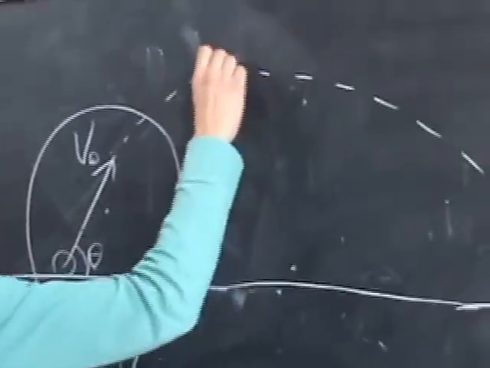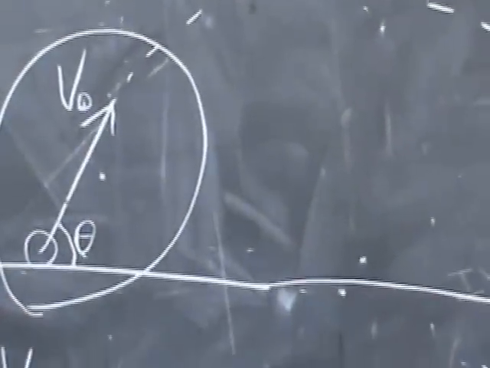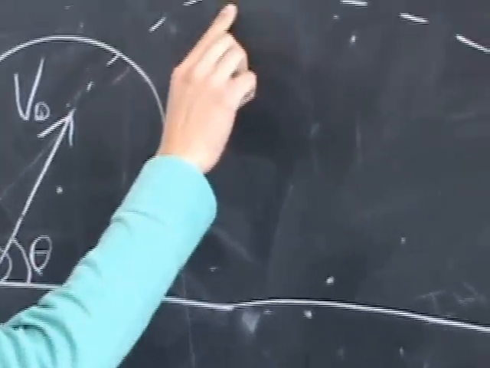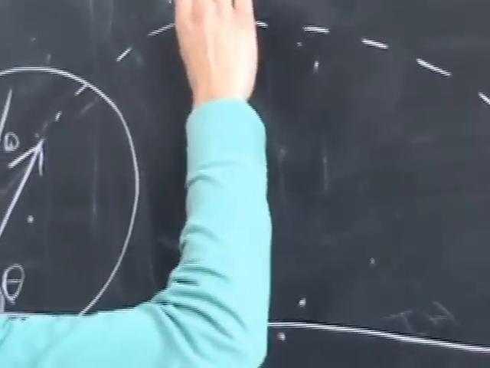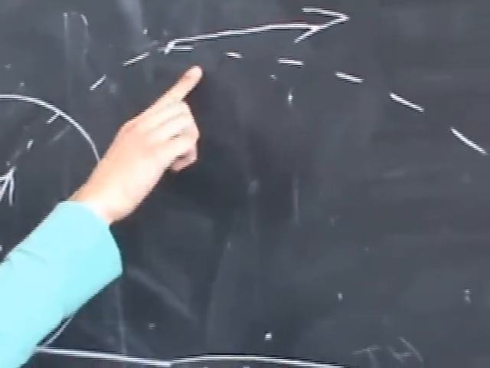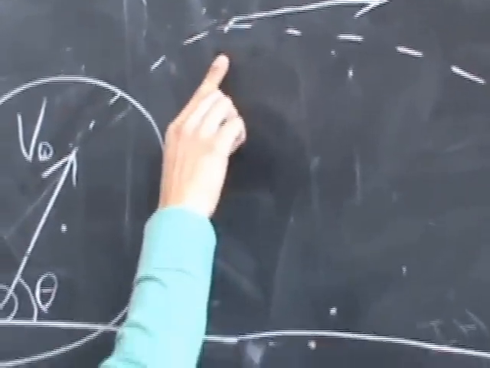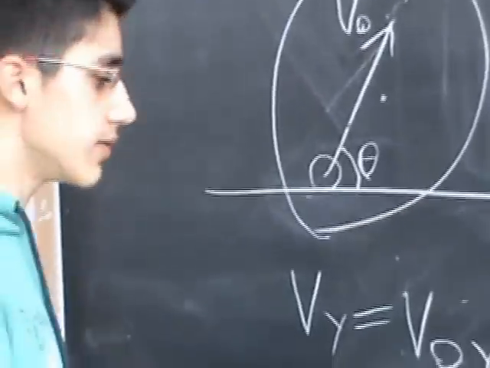This is the vertex of the trajectory, which is a parabola, and at this point the velocity vector will have just a horizontal component. The vertical component is in fact 0.